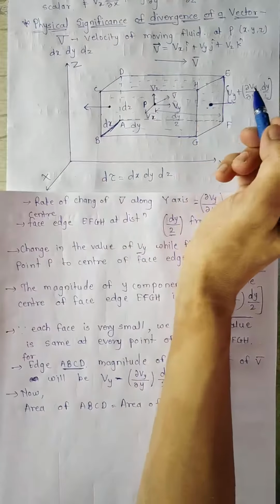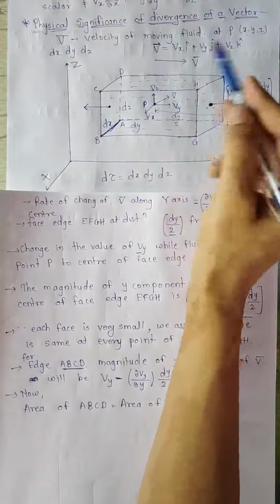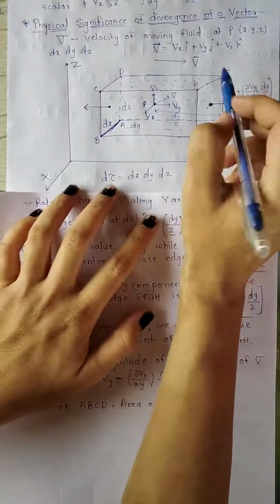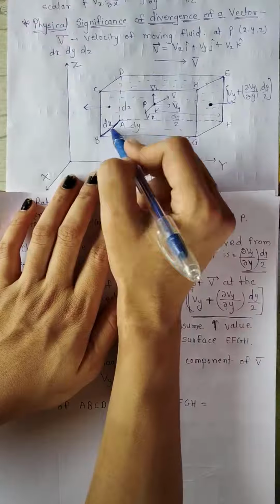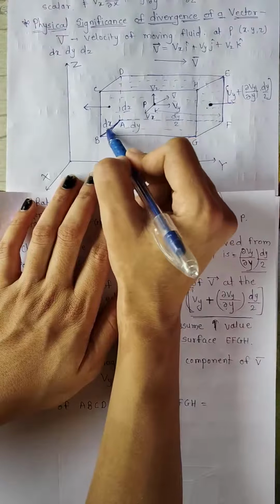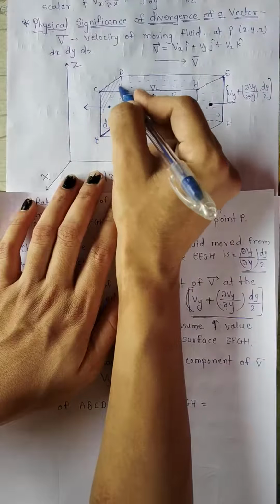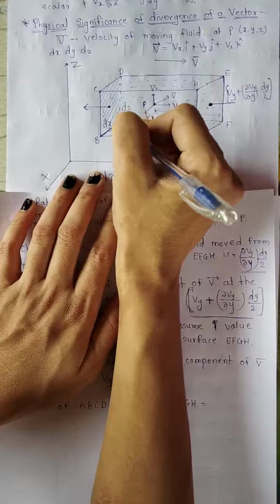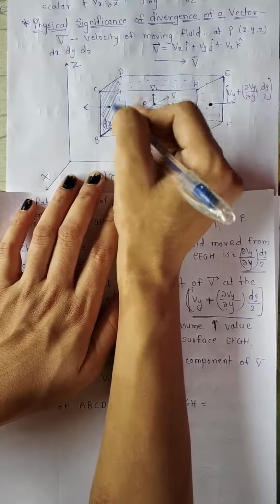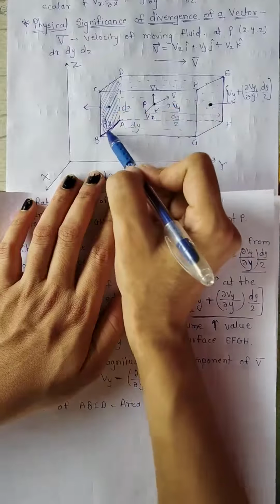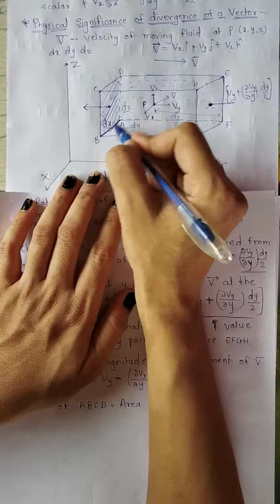If you observe both the faces ABCD and EFGH, in these faces you are going to have only dz and dx, because this is the face. Let me shade it, then you will get the idea. So see, I have shaded it with lines. If you observe this shaded face, the area of this face is dx into dz.